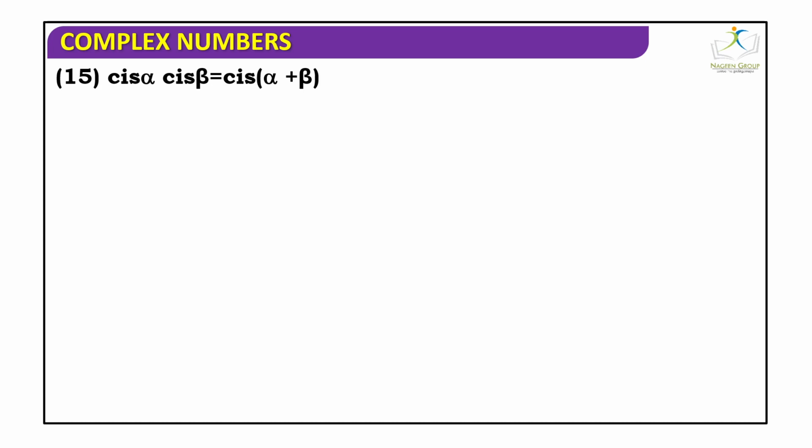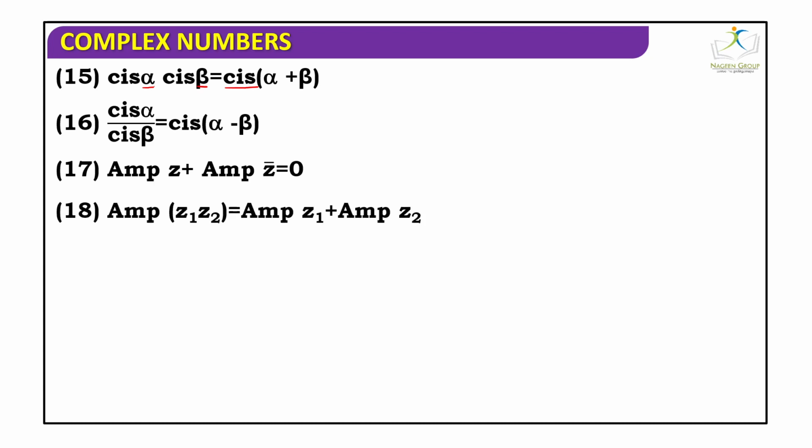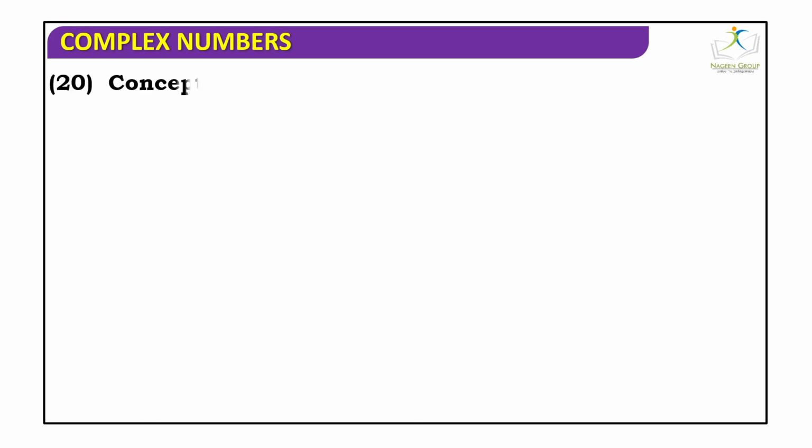If we have two values in a product, we can write it as cis, where the two angles combine, alpha plus beta. If we have division, then subtract. Amplitude of z plus amplitude of z bar is always equal to 0. The sum is equal to 0. And if they are in a product, we say amplitude of z1 plus amplitude of z2. If they are in division, then we subtract them, right?